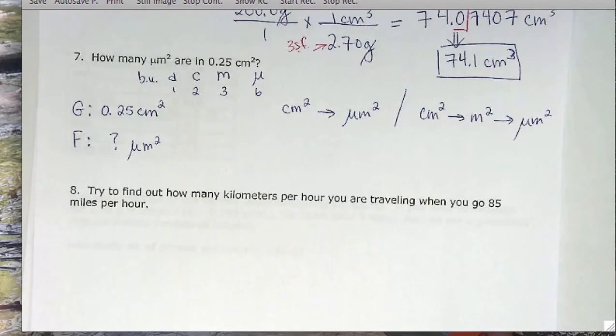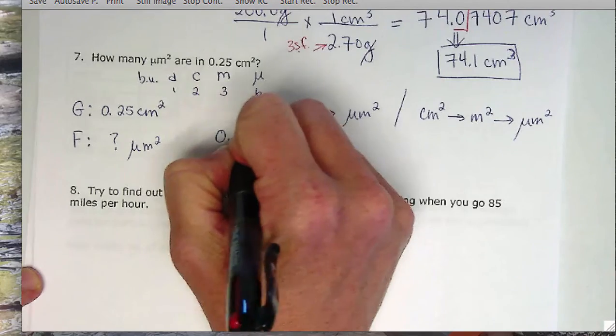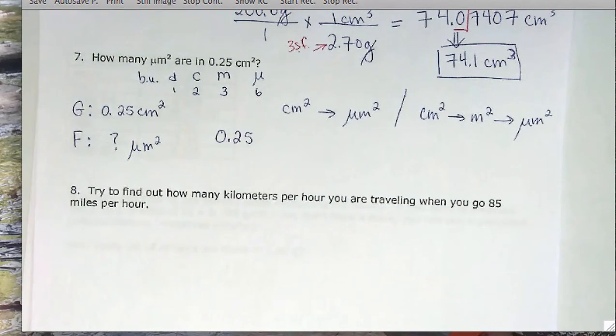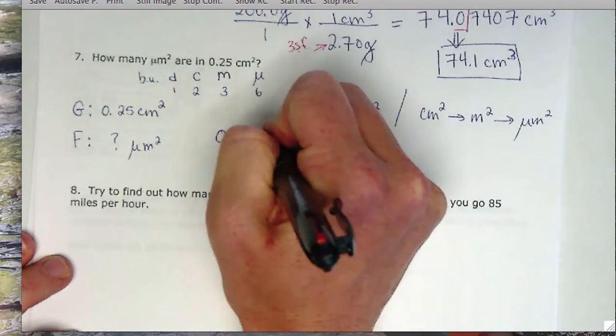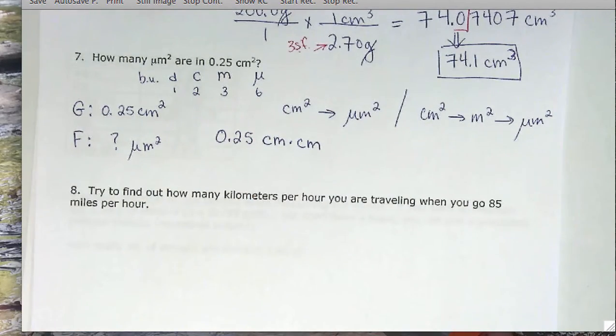So let's write out our starting quantity. Now, when you say centimeters squared, what is that the same as? Centimeters times centimeters, right? So you could write it that way. If we don't write it this way, you might just be tempted to do the conversion once. So I'll put this over 1.